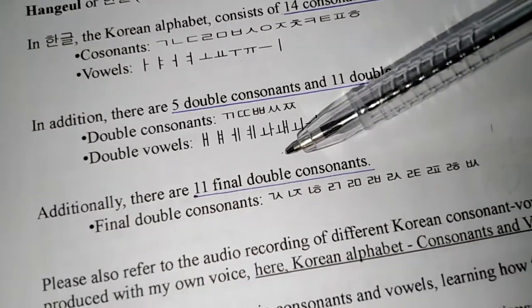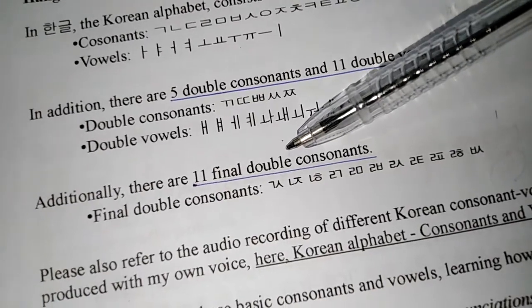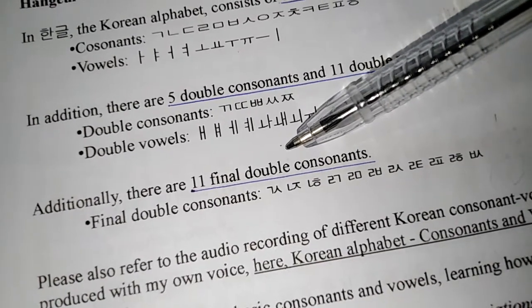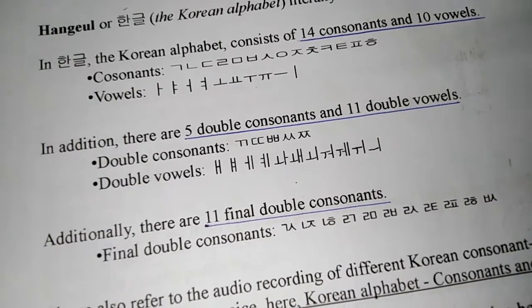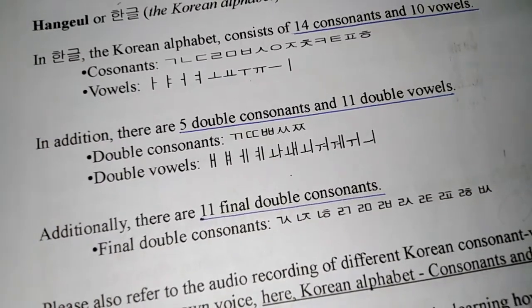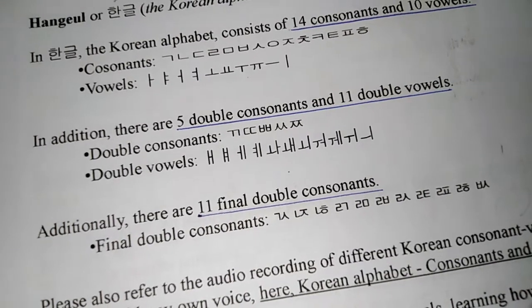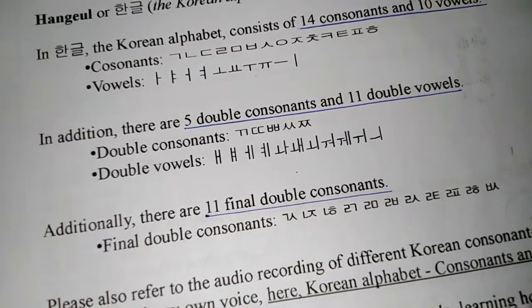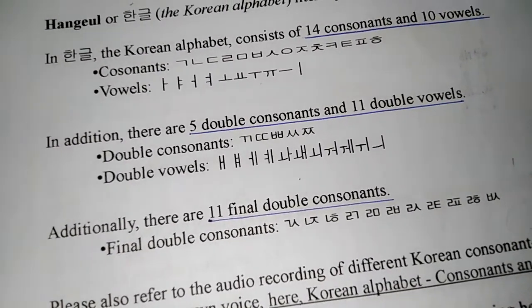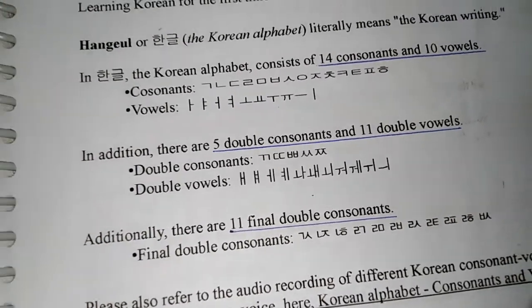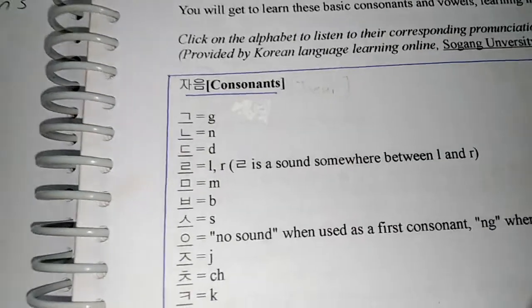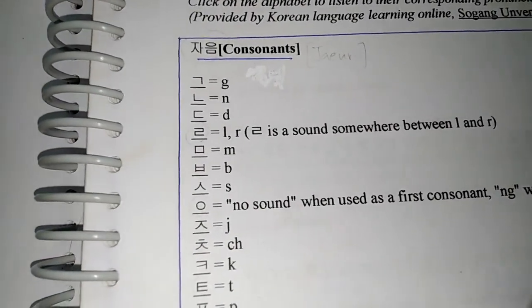And as for final double consonants, you have 11 of them. It may seem like there are a lot of alphabets, but when you learn the alphabets, you can notice a pattern that is repeating. So from there, you can learn the vowels and consonants, and it's quite easy. So now we're getting into the consonants.